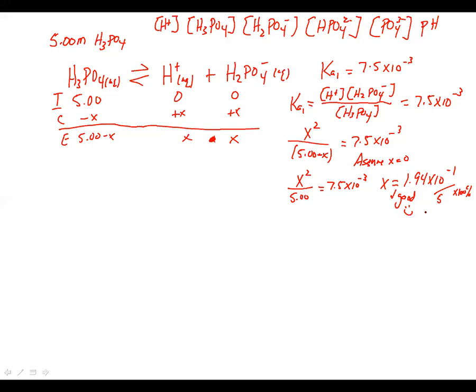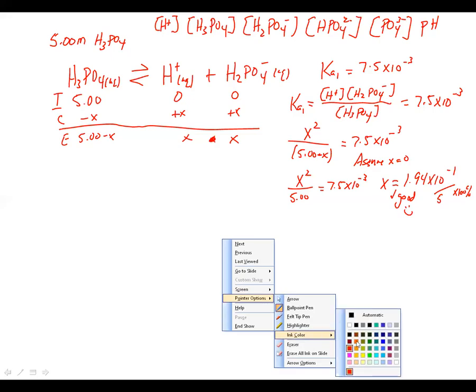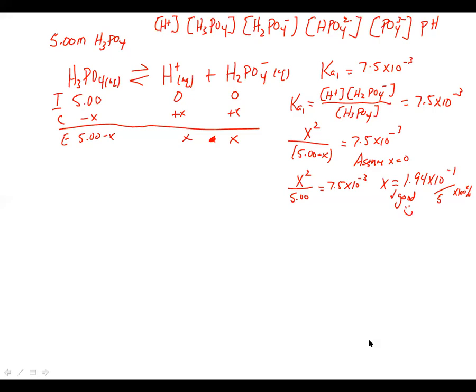a number of pieces of information if we go back to our ice table and fill in our values. At this point, we see that the H plus concentration would equal X, which means we have an H plus concentration of 1.94 times 10 to the minus 1 molar.